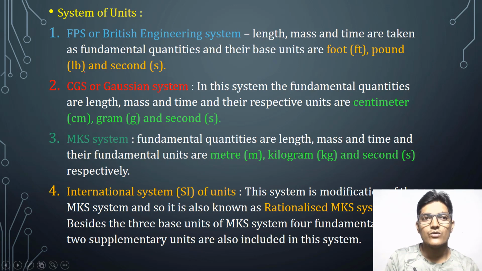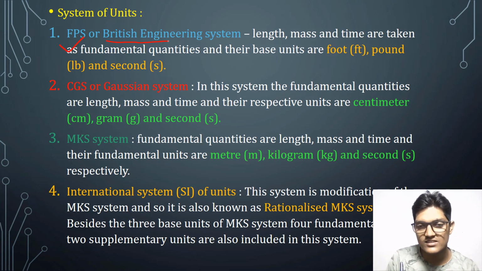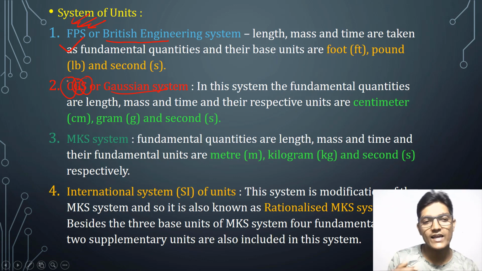Now we will discuss systems of units. So first of all, we have FPS, which is also known as the British Engineering System. So in FPS, we represent length in foot, weight in pound, and time in second. In CGS, or we can say Gaussian system, it is centimeter, gram and second for length, mass and time.